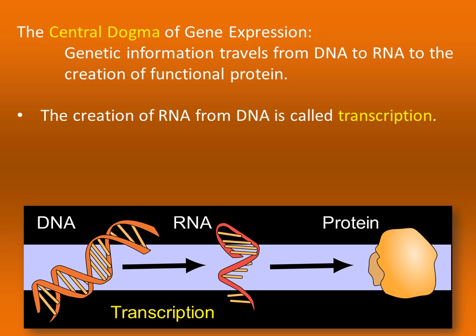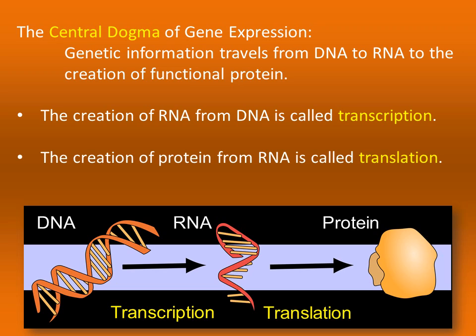And the building of that RNA from the DNA in the nucleus is called transcription, one of the first process of gene expression. The second process, actually constructing the protein product from the information contained in the RNA molecule, is called translation, and that happens outside of the nucleus.